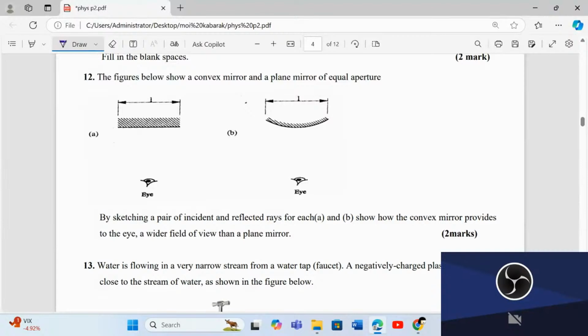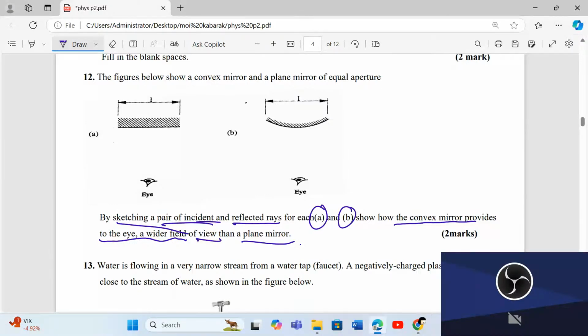The figure below shows a convex mirror and a plane mirror of equal aperture. Then you are told, by sketching a pair of incident and reflected rays in A and B, show how the convex mirror provides the eye with a wider field of view than the plane mirror. It is in this case that we say convex mirrors are used in the supermarket because they offer a wide field of view.